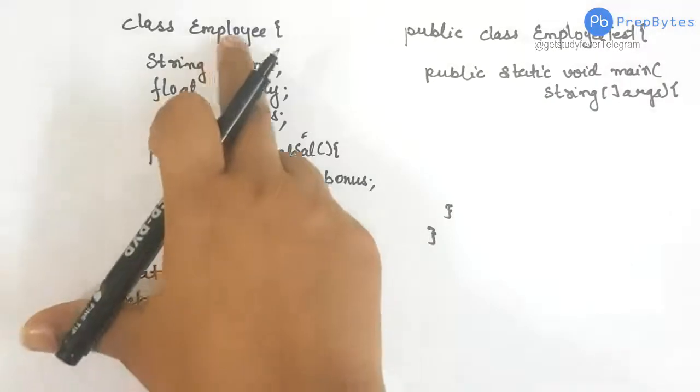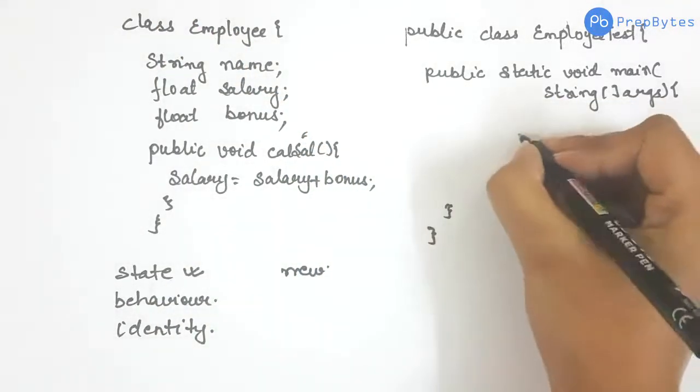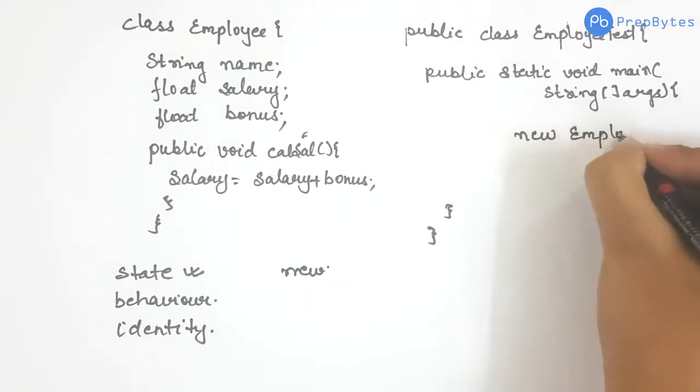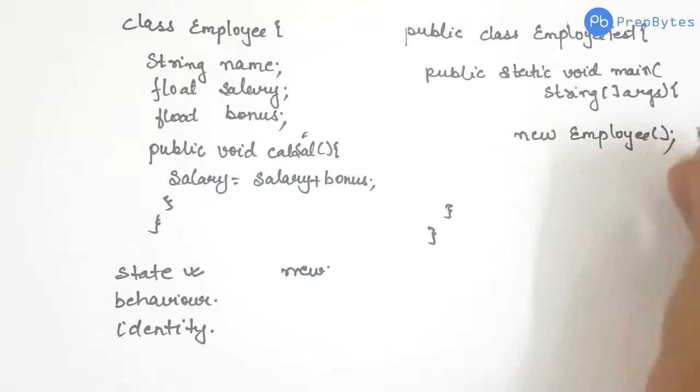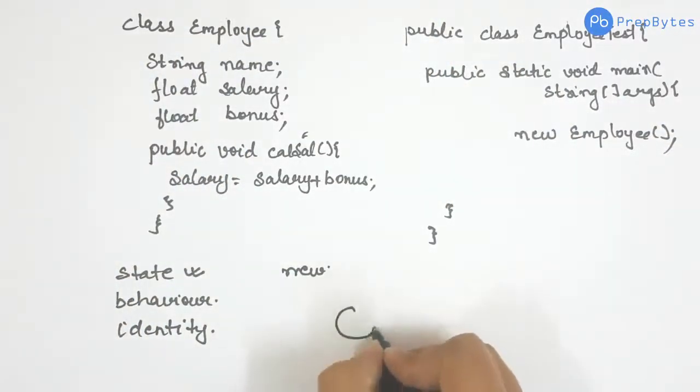If I have to create a new Employee object, I will do this using new Employee. So I have created a new Employee object. Let's say this is the object in memory.